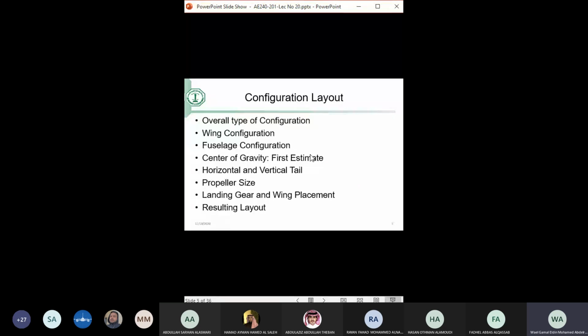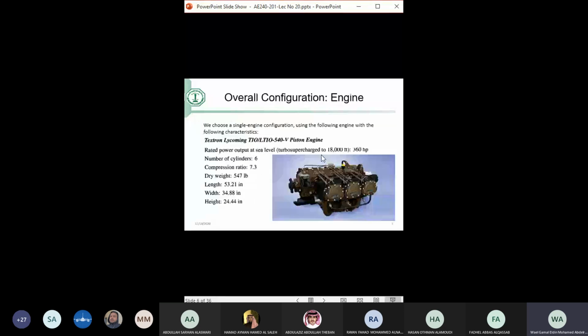So we will visit all the major components. We will look at the wing, the engine, the fuselage, the horizontal tail, propeller, and landing gear, and we are going to determine how big they are, what their dimensions are, and where we are going to place them with respect to each other. So that's the outline of the configuration, and we will start with the engine, being probably in this design the heaviest component of the aircraft.